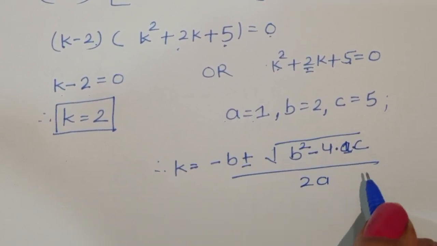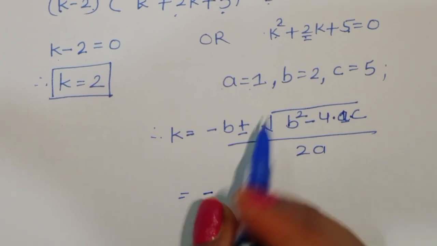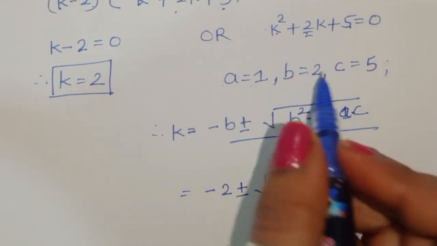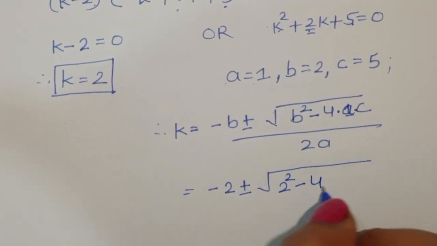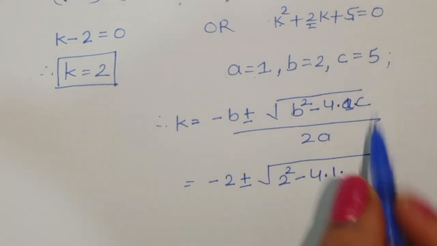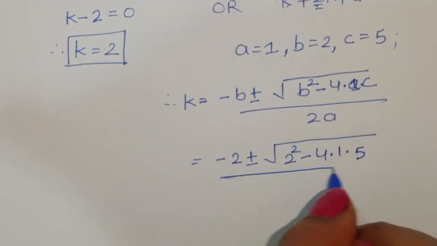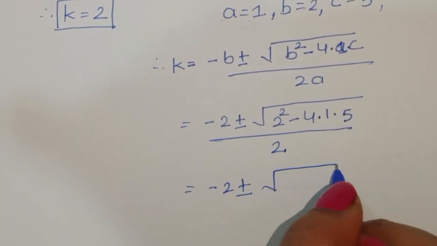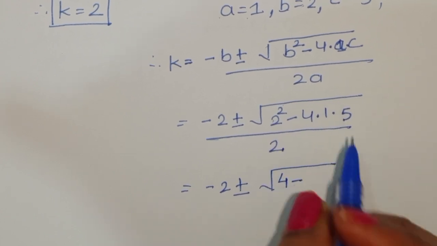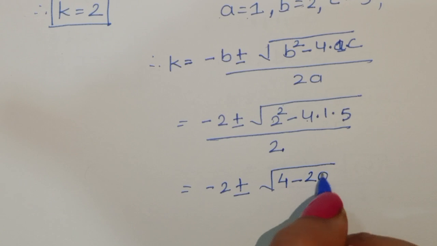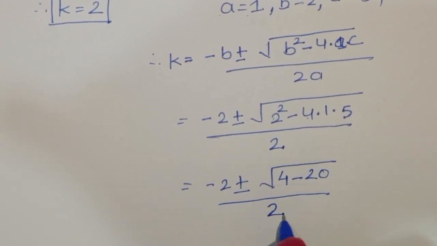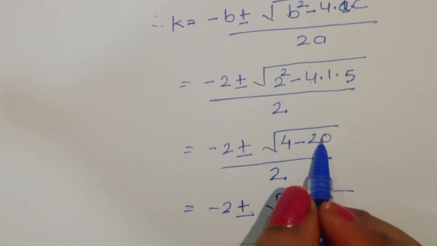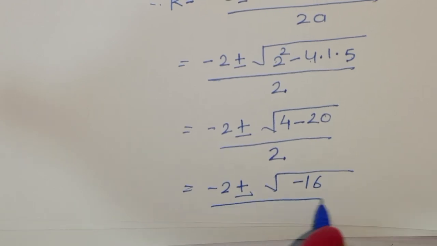We are writing the formula here: minus 2 plus minus square root of 2 square minus 4 times 1 times 5, divided by 2, which is minus 2 plus minus square root of 4 minus 20, divided by 2.